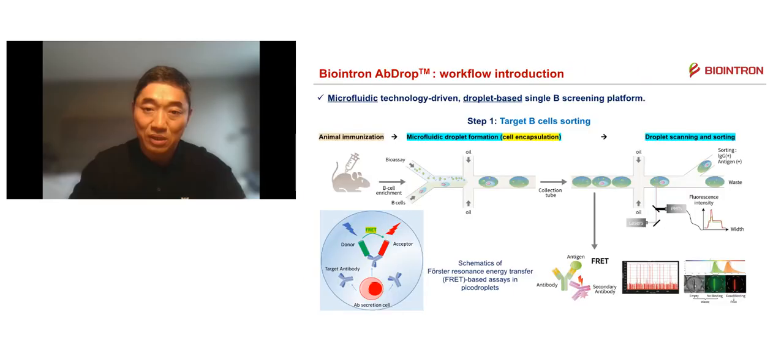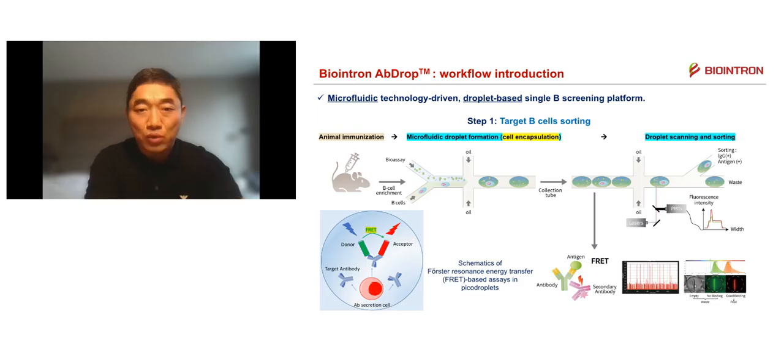So now we enter our second part. I'm going to introduce Biointron's AbDrop and show how it works. To put it simply, it's a microfluidic technology-driven, droplet-based single B cell screening platform. As a first step, we need to sort to get the target B cells.